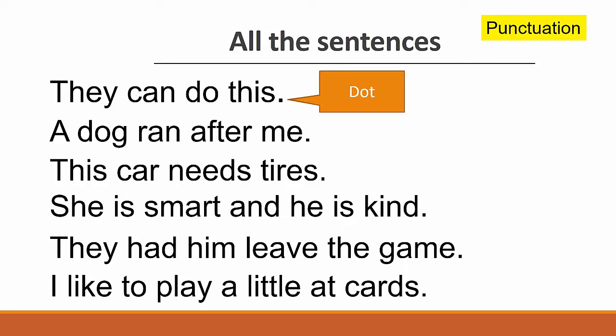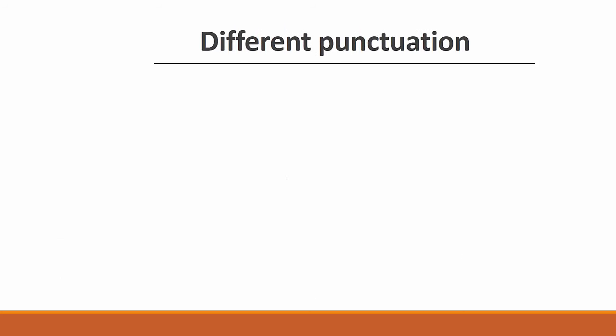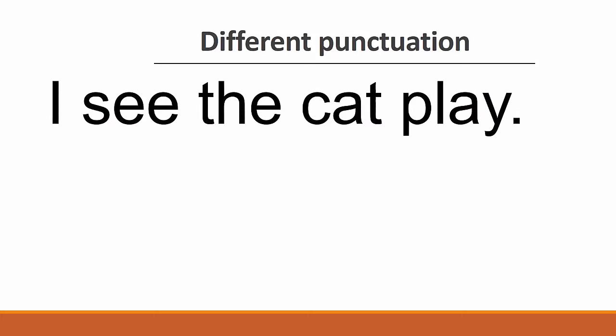However, different kinds of sentences need different punctuation. These are three different sentences, and they all have different punctuation at the end. The first one has the period or the dot, so that means you say it like this. I see the cat play. It's just a statement.